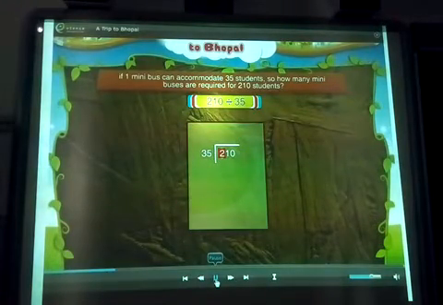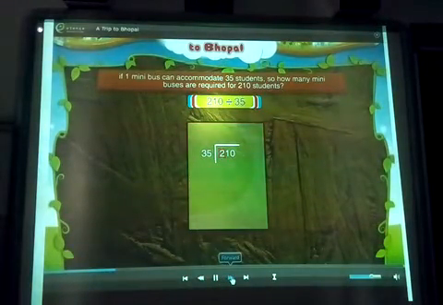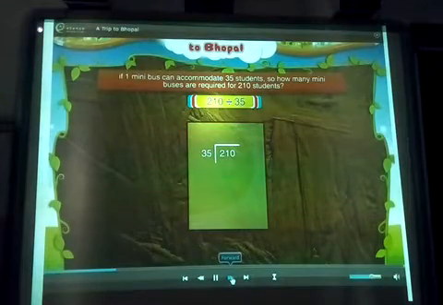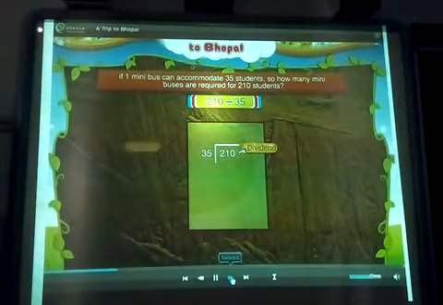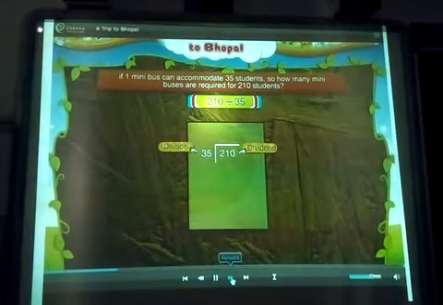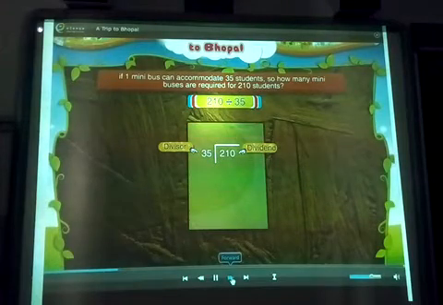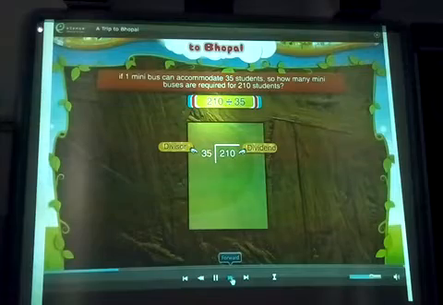Let us start division from the 100th place. The number 210, which is divided, is called the dividend. And the divisor is 35. The divisor 35 is a two-digit number.